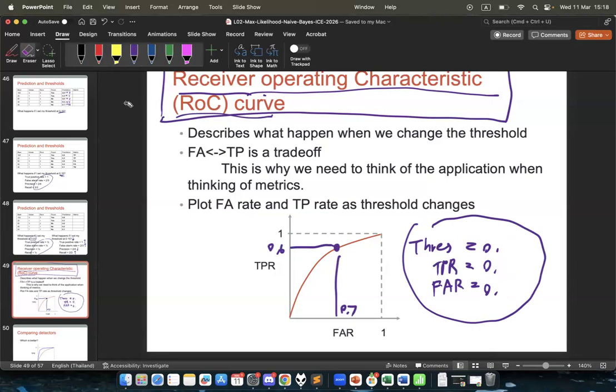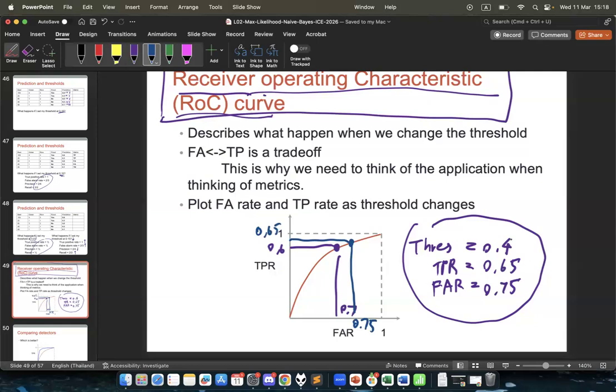Then you say, okay, let's change the threshold. The threshold now is 0.4, and you compute the true positive rate and false alarm rate. Let's say now it's 0.65 and 0.75. So you get another point at a different threshold.